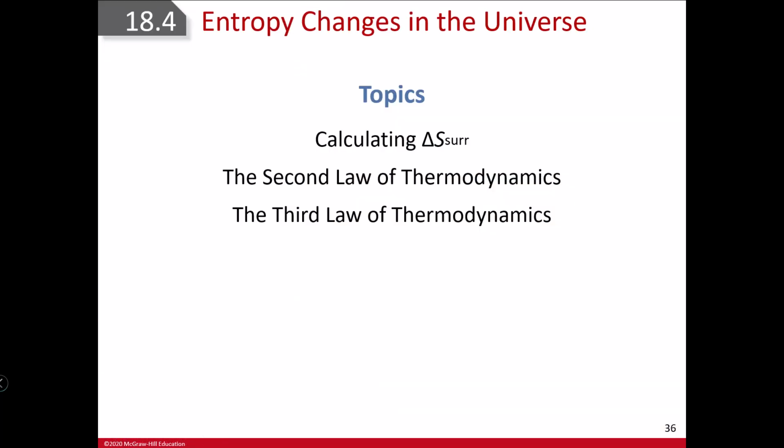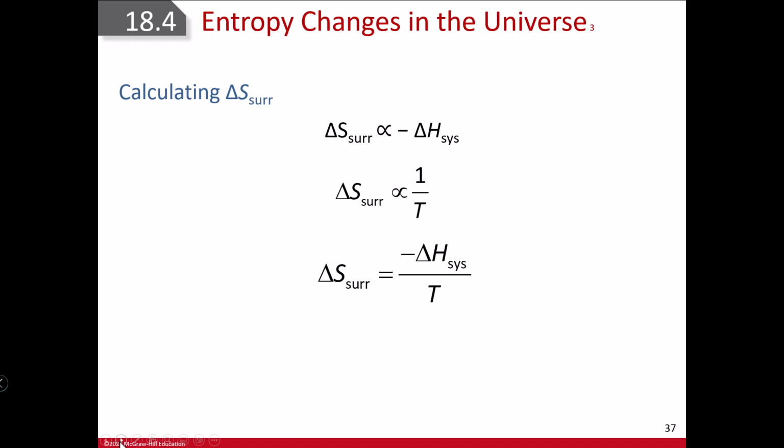All right, let's talk about the second law of thermodynamics and the third law of thermodynamics. So the second law of thermodynamics, we're looking at the relationship between entropy and heat. And here's the relationship. The entropy of the surroundings. Now notice this is not the system. This is the surroundings.